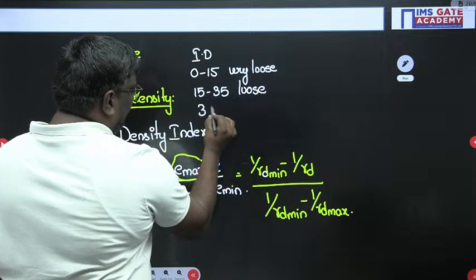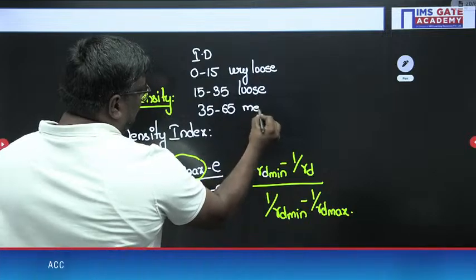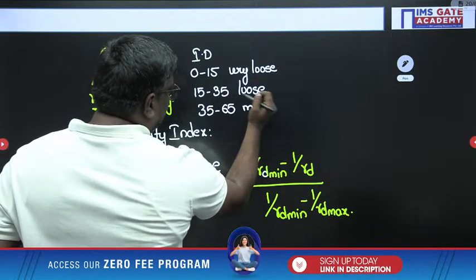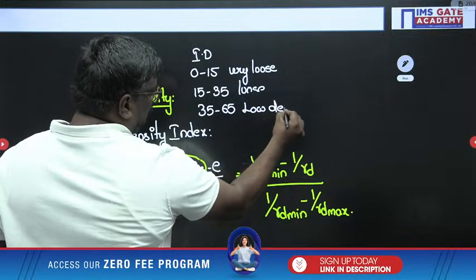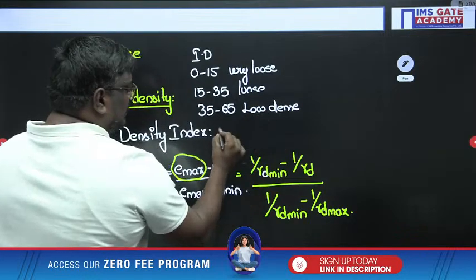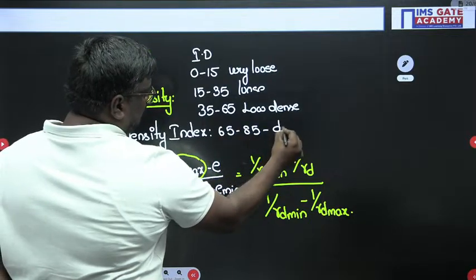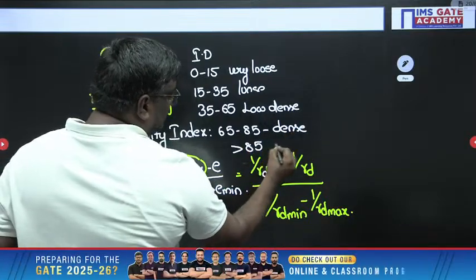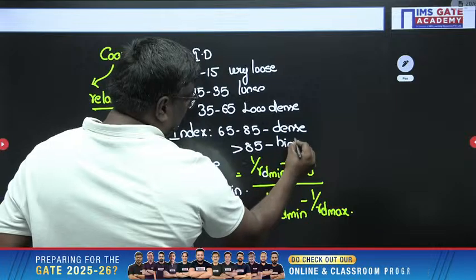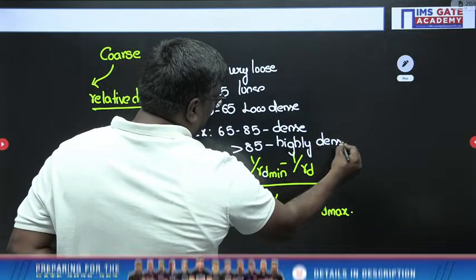Similarly, 35 to 65, we take it as medium dense. 65 to 85, you can say dense, and more than 85, you can say highly dense. Based on the density index, you will understand whether the soil is highly dense or low dense.